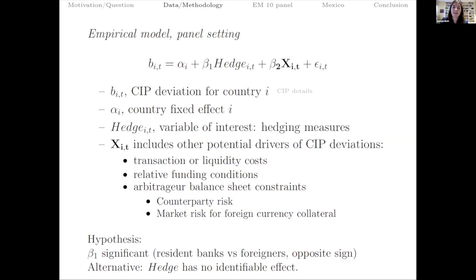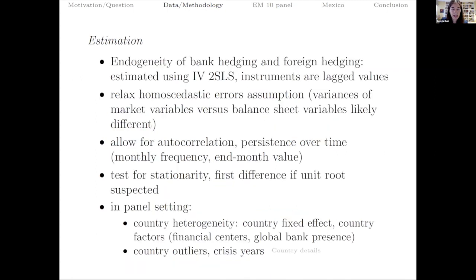The hypothesis is that the beta will be negative when the hedge variable is measuring the resident bank currency mismatch, and positive when it's measuring the foreign investor hedging demand. The alternative hypothesis is that these hedging variables are a wash and don't actually drive the basis one way or the other.